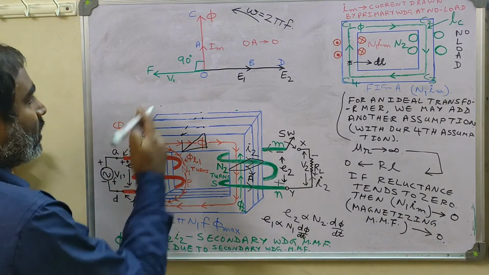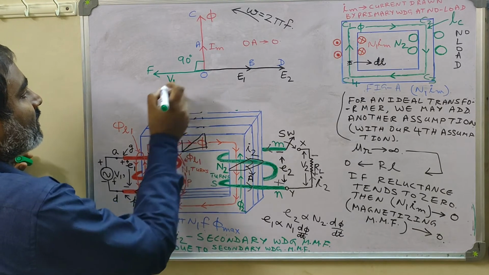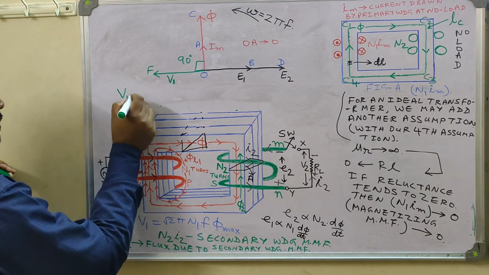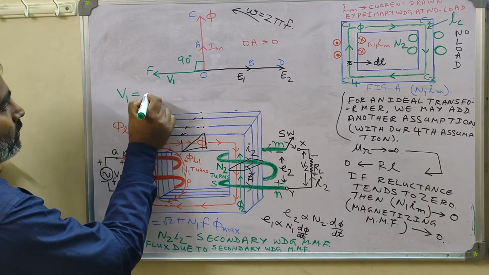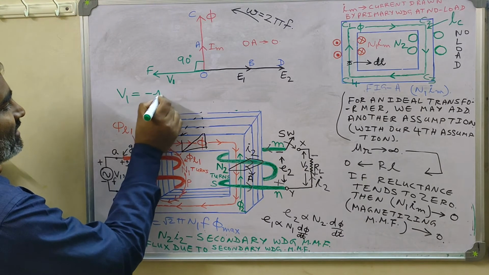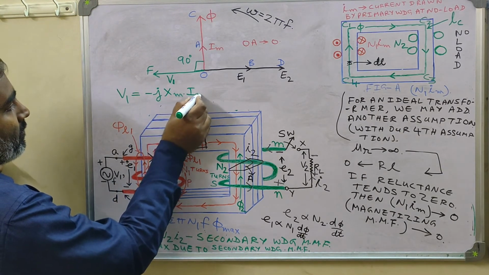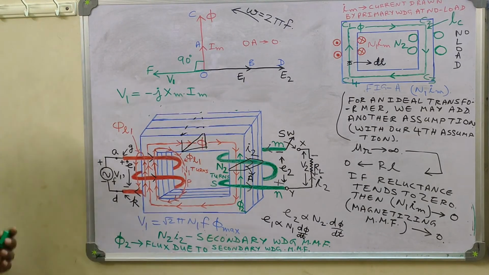So what can we rewrite here is that applied voltage V1 can be written as equals to minus J into Xm into Im. This is the phasor representation.